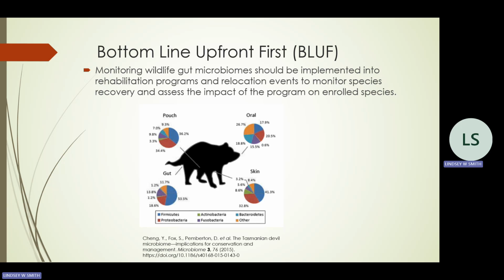but in particular for the Tasmanian devil, this high ratio of firmicutes, which you can see represented there by the large chunk of blue, versus a small ratio of bacteroidetes, which is pretty much non-existent here on the chart, is really important for their diet. So this particular ratio correlates with efficient energy intake and storage from the diet.